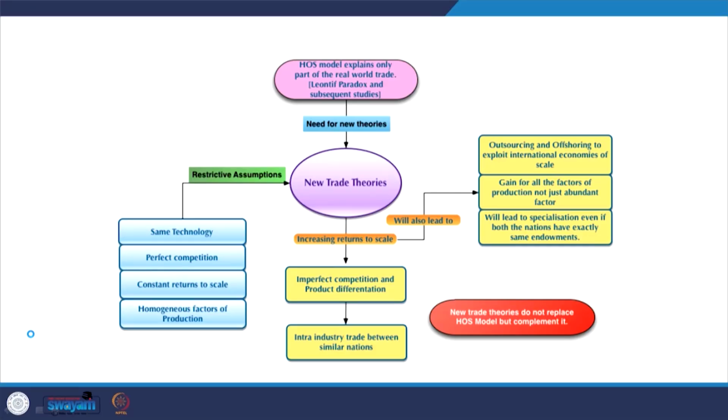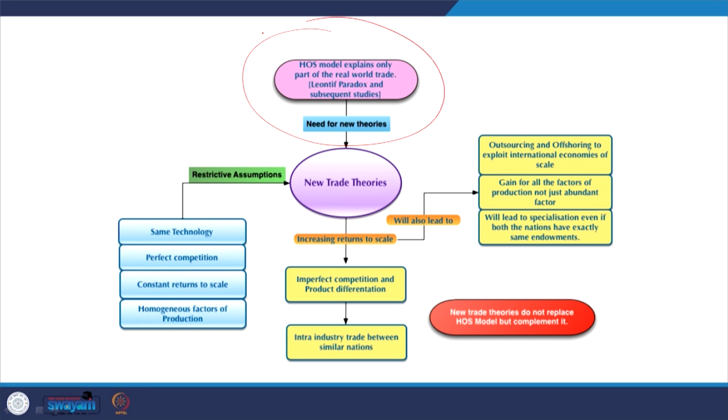Now, let us have a complete outline of the new trade theory. First of all, in the last class I showed this flow chart. Let us read between the boxes. Here we say the HOS model explains only part of the real world. Why?